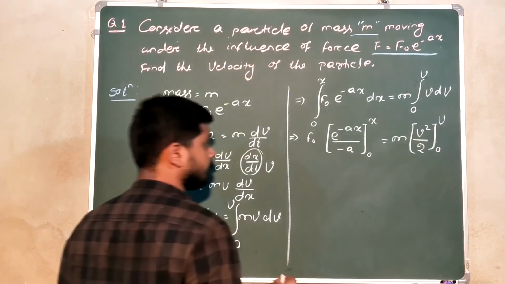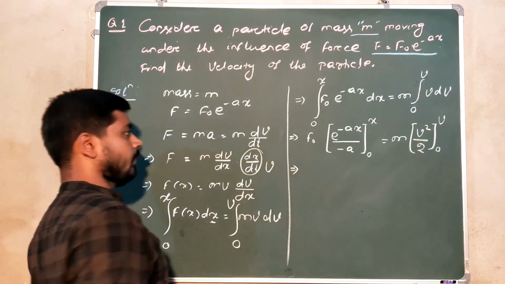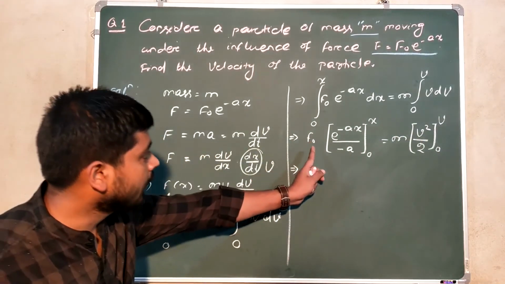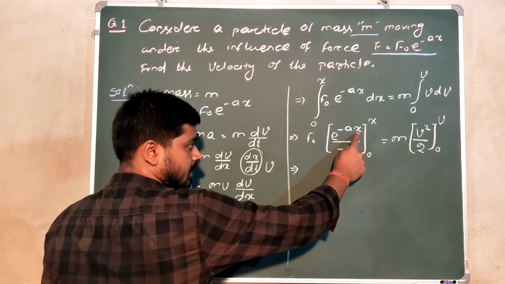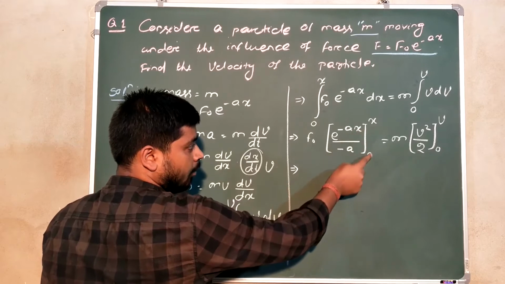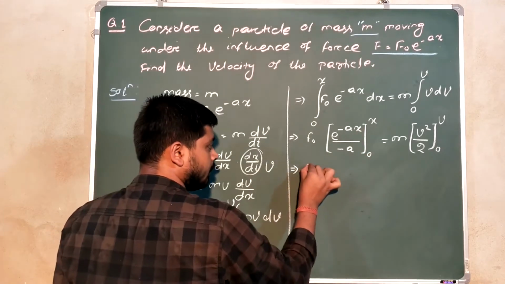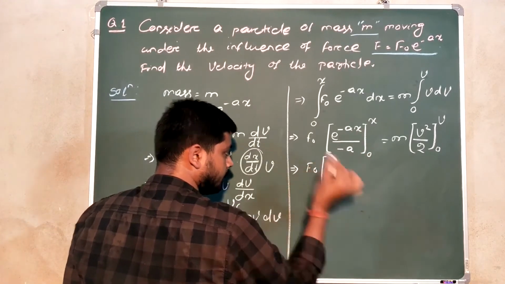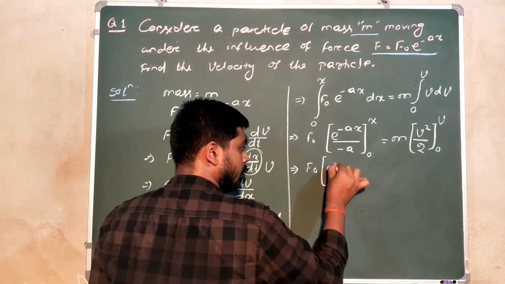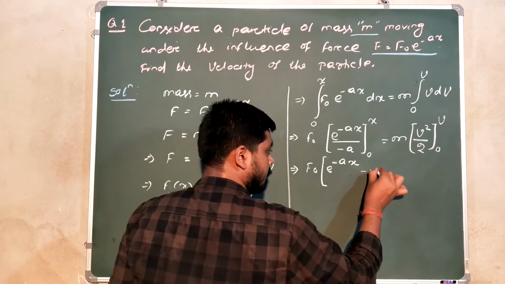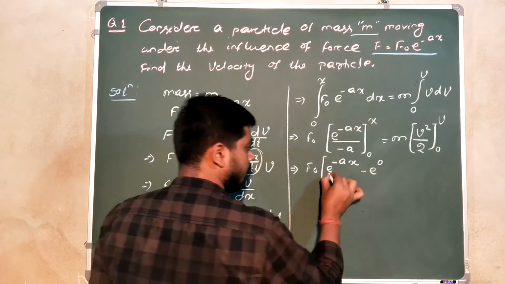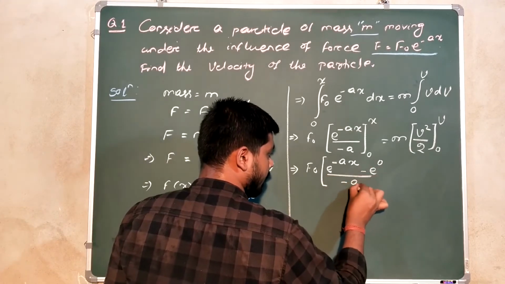You see here, f naught e raised to minus ax. First put x in place of x and then put 0. What do you get? F naught, e raised to minus ax minus e raised to 0, by minus a.